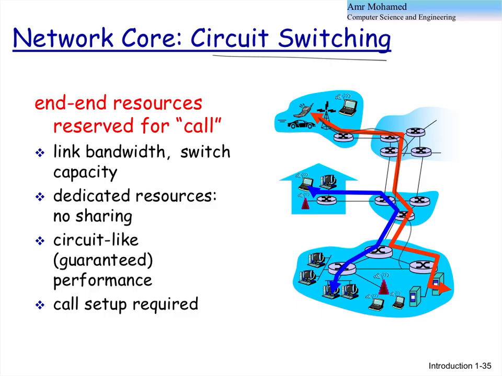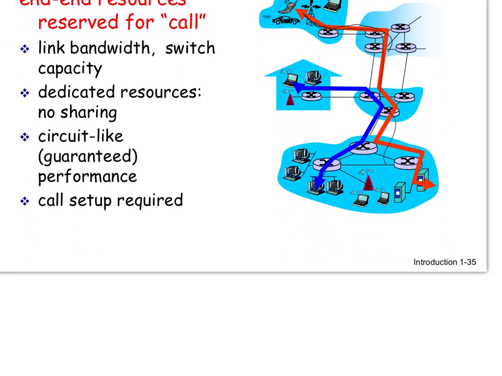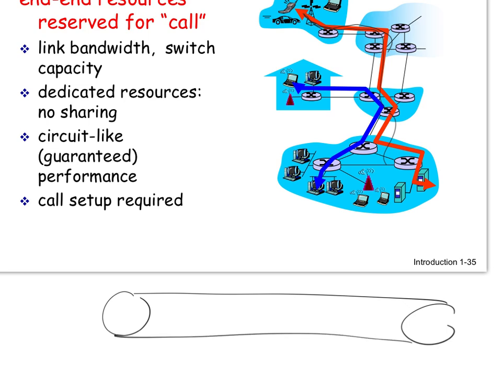If you have a physical network, whether there are routers or something, I can divide this network into logical pipes like this. Each pipe has a fixed thickness, and I have a certain number of pipes.